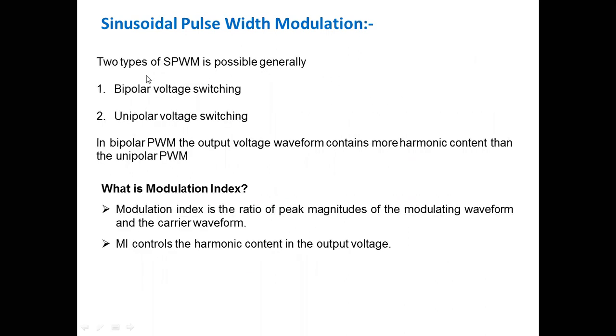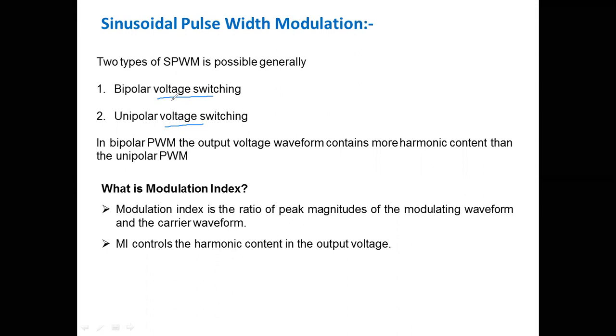Now, there are two types of sinusoidal pulse width modulation. The first is bipolar and the second is unipolar. Bipolar means that we will get the pulses in both the positive and negative half per half cycle. That means in each half cycle, we will get pulses in the positive half and also in the negative half.